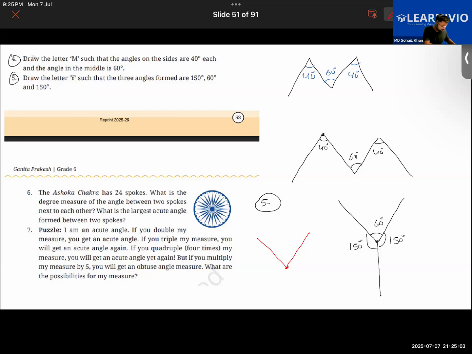You also do this, everyone. You also draw this letter Y.